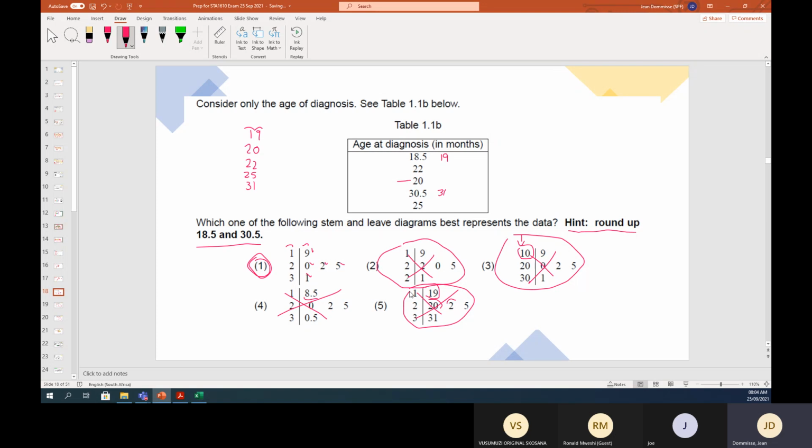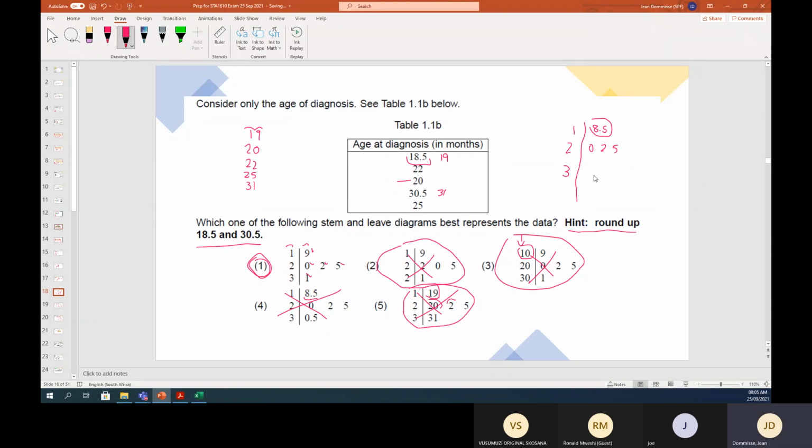Okay, so I just wanted to show you on the stem and leaf, if I do give you an added decimal, what do you do? If it wasn't rounded off, then one of the options would have been something like 8.5. But again, we don't really see that ever in a stem and leaf, so they would tell you to round it off.